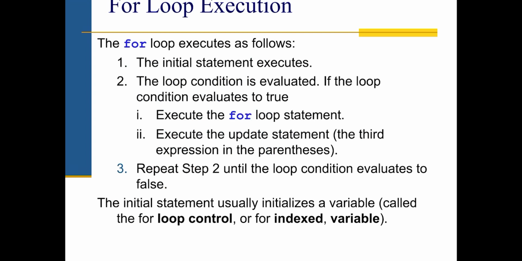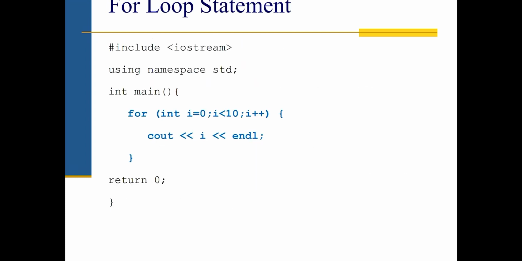And the initial statement usually initializes a variable called the for loop control, or for index variable. So the for loop statement, this is how it is. For, then you bring your int i equal to 0. Then you terminate. i less than 10.